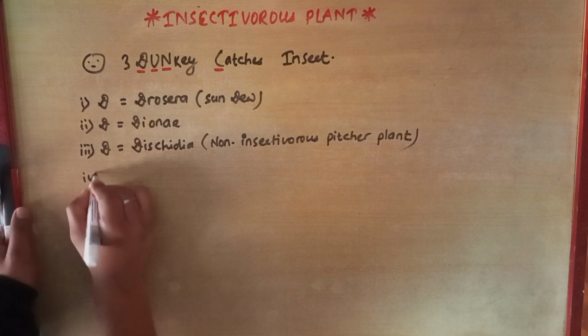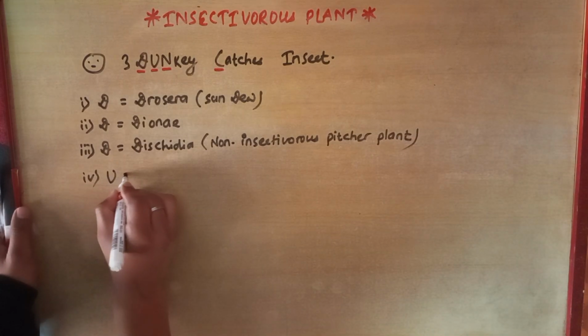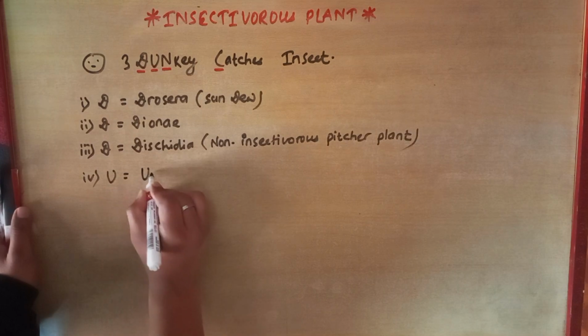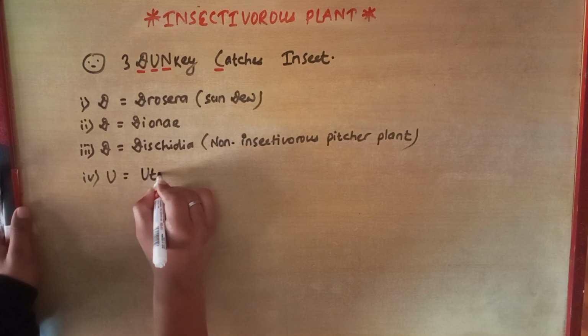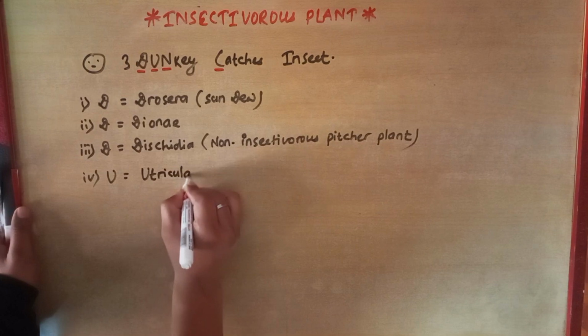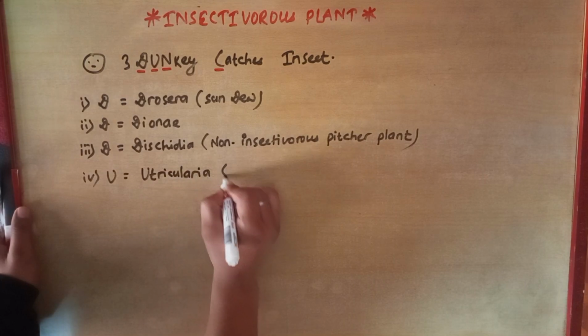In the fourth we have U, so U means Utricularia, that is bladderwort.